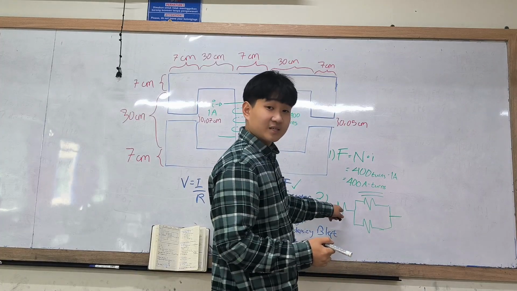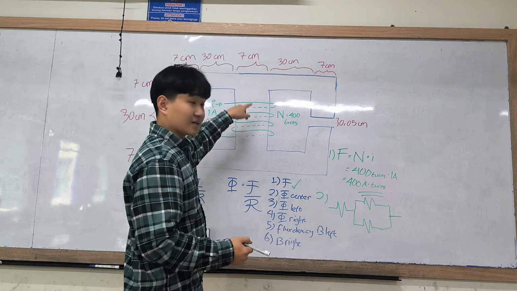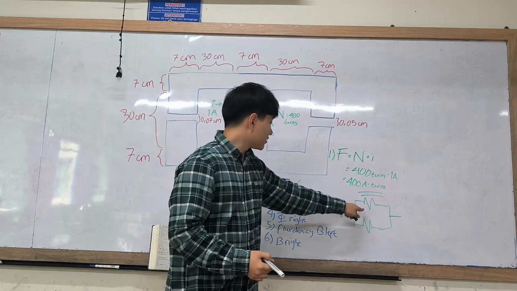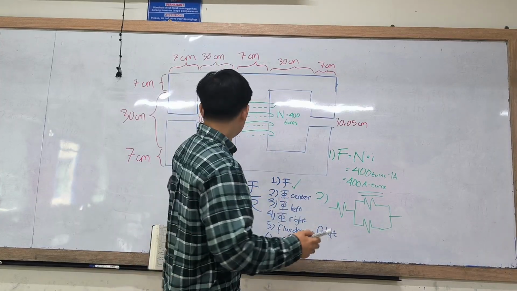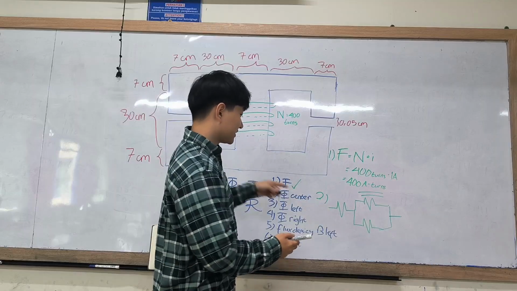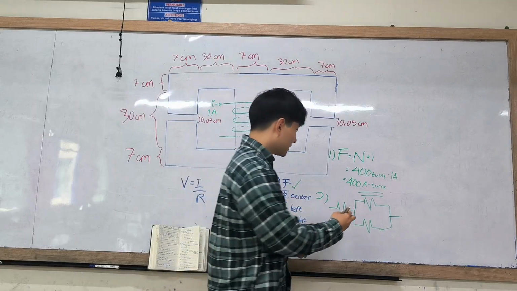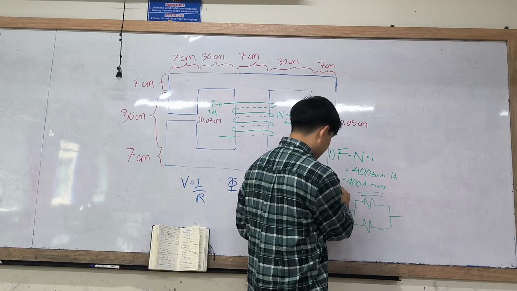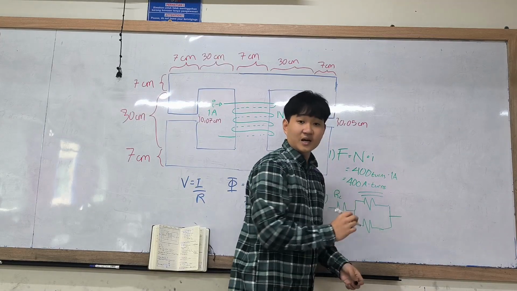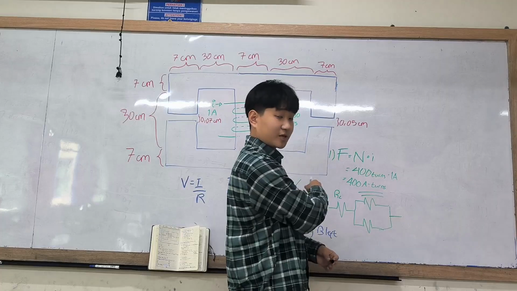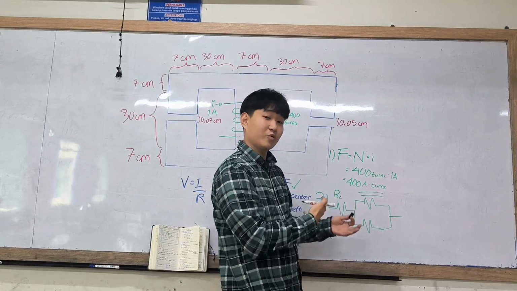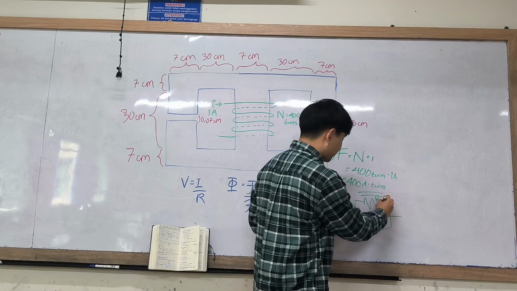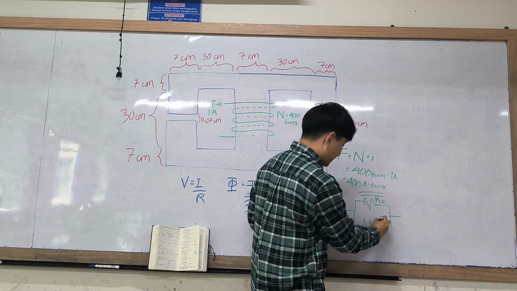The one on the left is the center branch of the magnetic circuit. This one can be either left or right, but we'll just assume it's the left one, and the bottom one we assume is the right one. This one I'll write as RC, the reluctance of the center one, or resistor, basically it's the equivalent. This one will be R left, and this one will be R right.